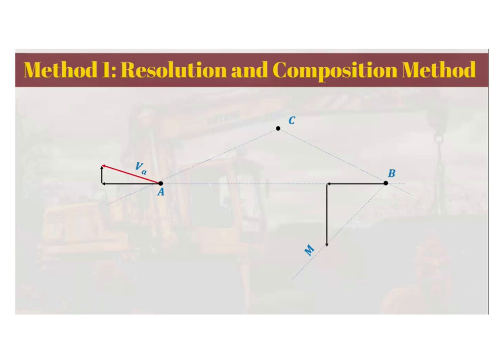And since we know the direction of B is along M, we can find the absolute velocity of B along that line by joining again. So that's like finding the resultant, the tail of the first point to the head of the last vector. So thus we are able to obtain the absolute velocity of B as well as its direction.